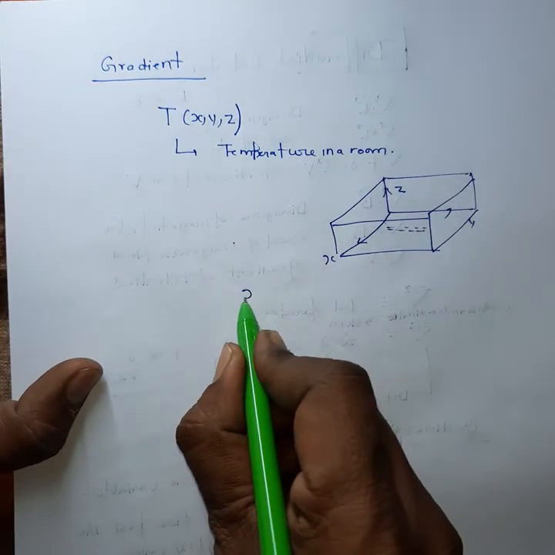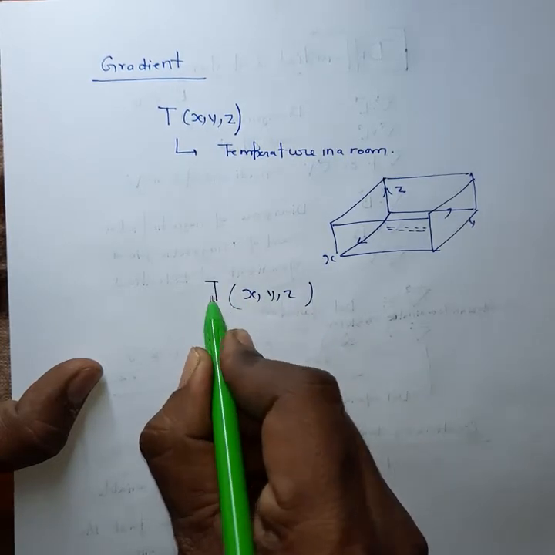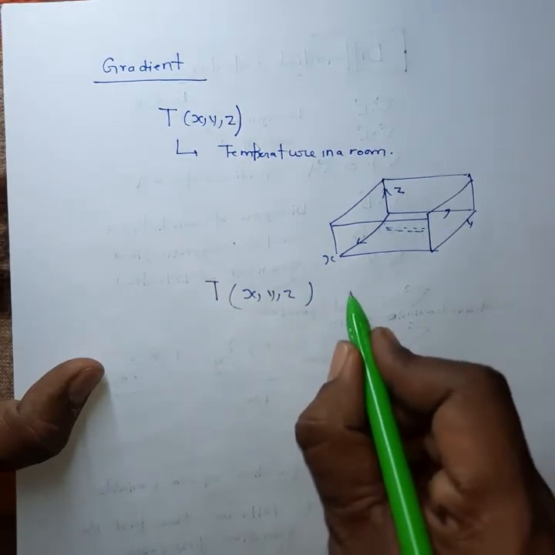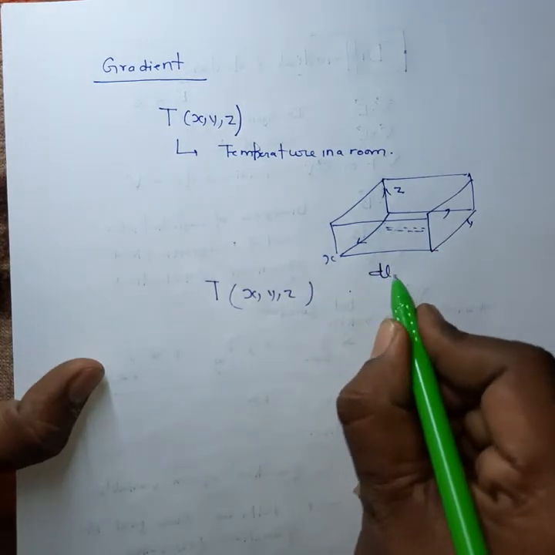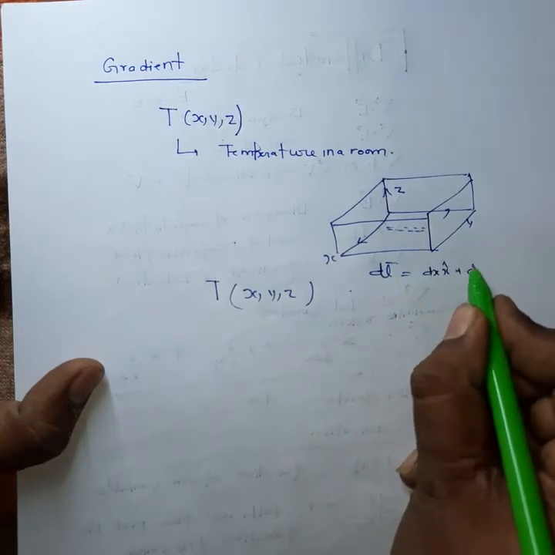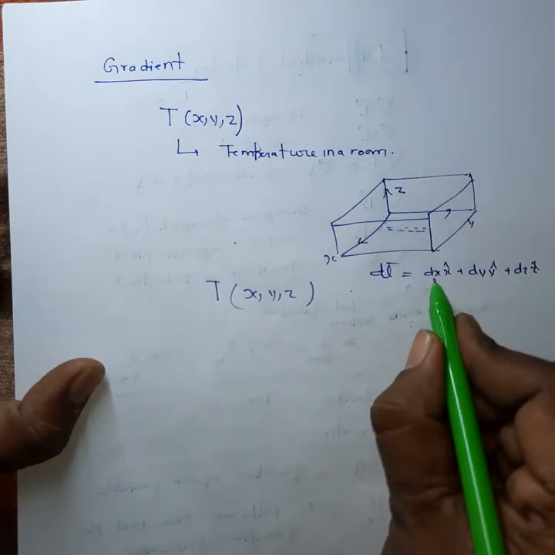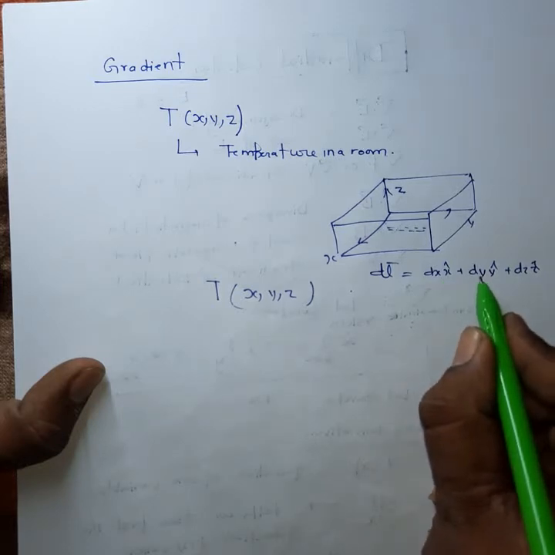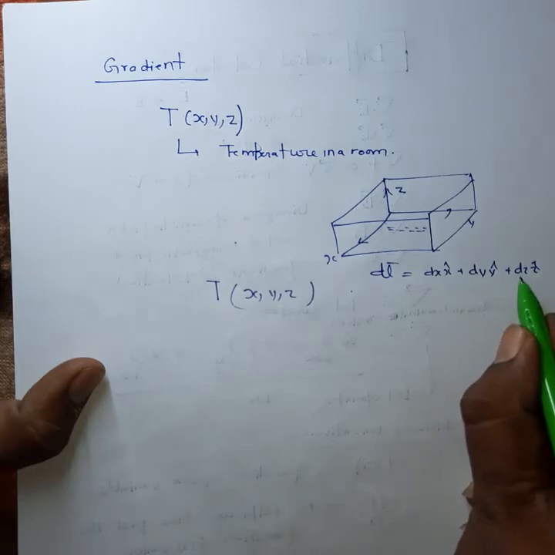Suppose this is some point (x, y, z), and T at (x, y, z). If you move a little bit, let's say a distance dl, this dl may be dx x-cap, dy y-cap, dz z-cap. That means you move a small distance dx along the x axis, a small distance dy along the y axis, and a small distance dz along the z axis.